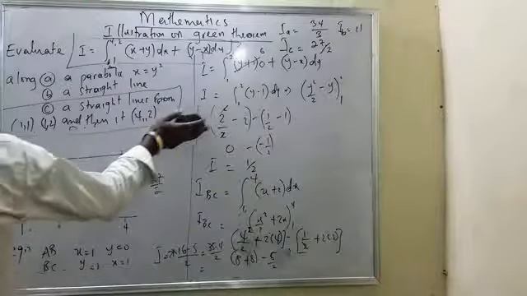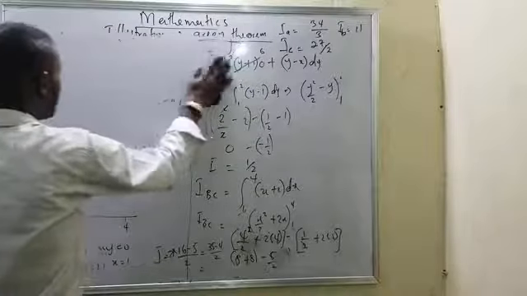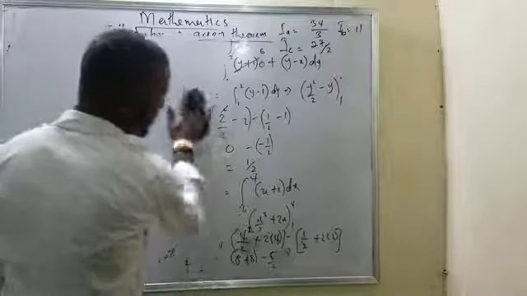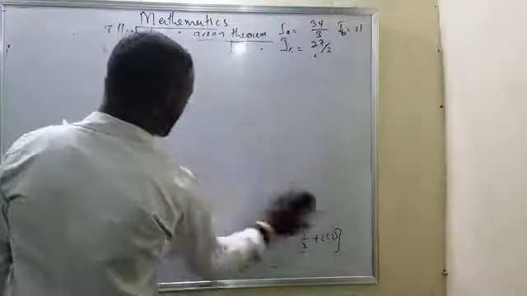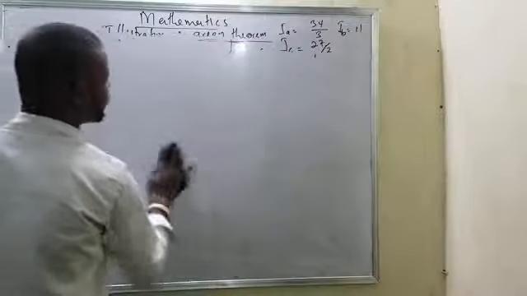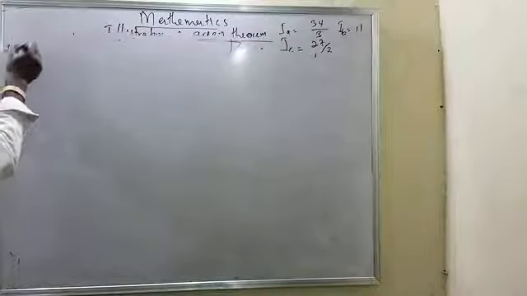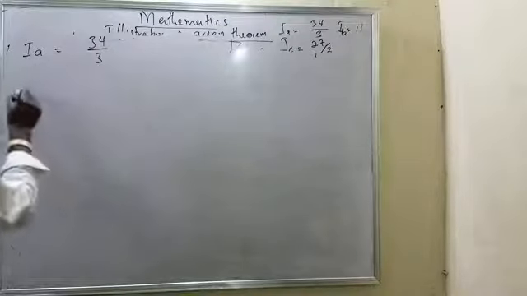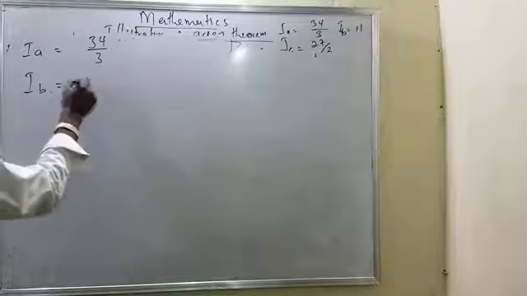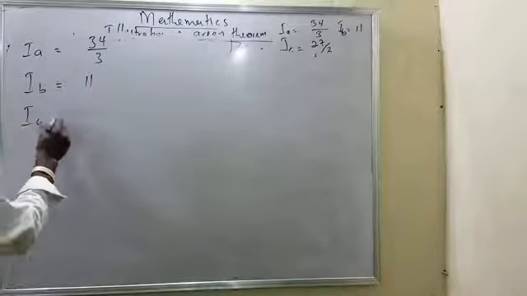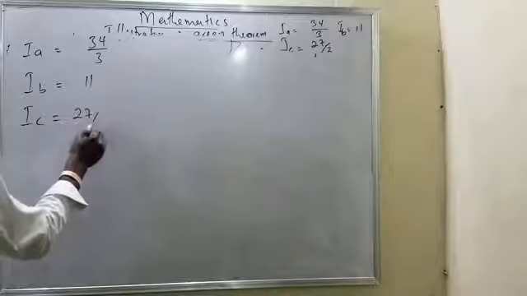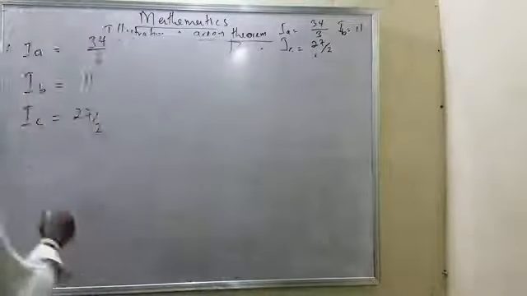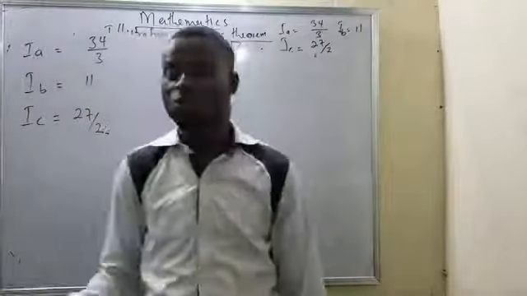I can now continue, which means my answer to my problem is now solved. The answer to the question: of A, it will be 34 all over 3, of B, it will be equal to 11, and of C, it will be equal to 27 all over 2. That is all we need. At this point, we have to stop here. This is the illustration of our Green's theorem.